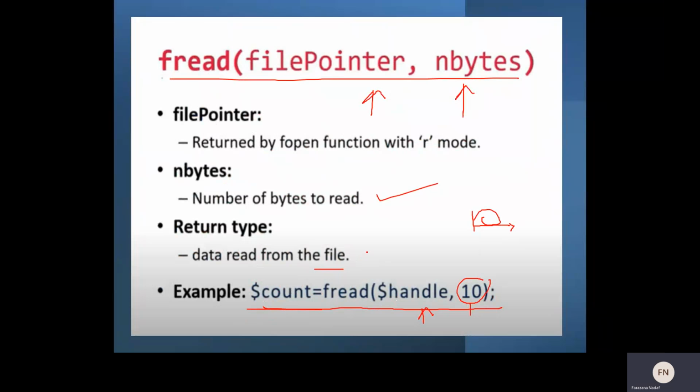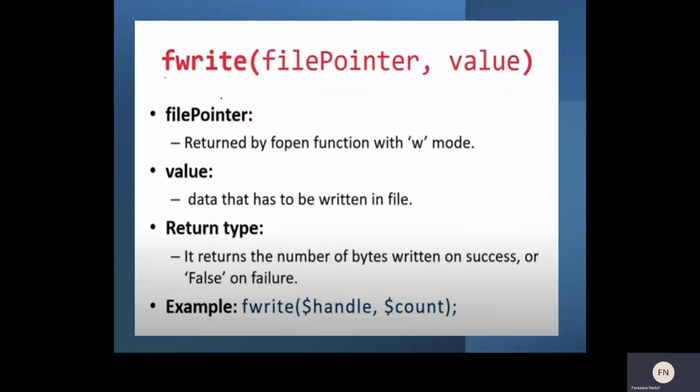In the same fashion, the fwrite function is used. The fwrite function also has two parameters, the file pointer and a value. The file pointer is the pointer returned by the fopen function with the write mode, and the value is the data we want to write onto the file.